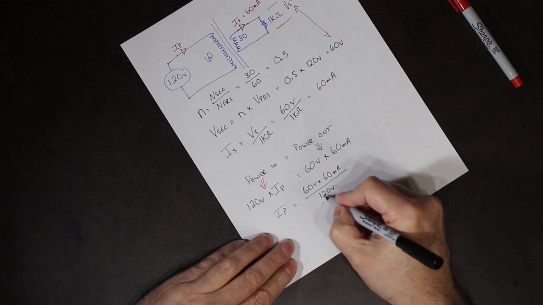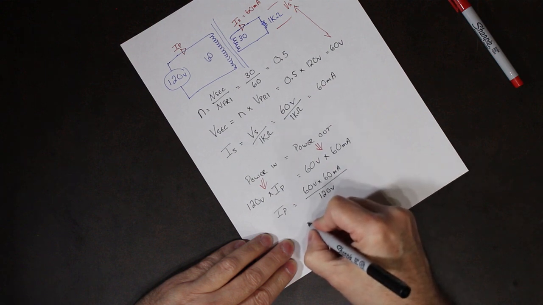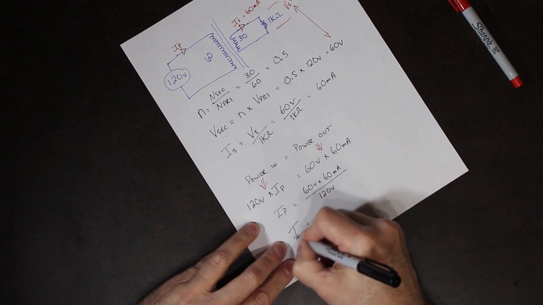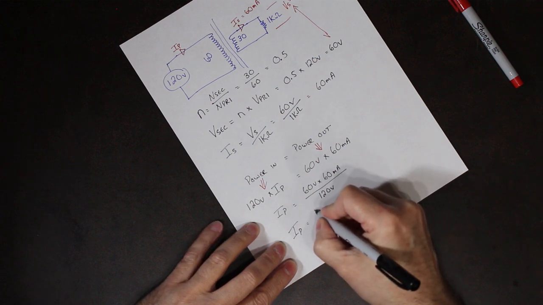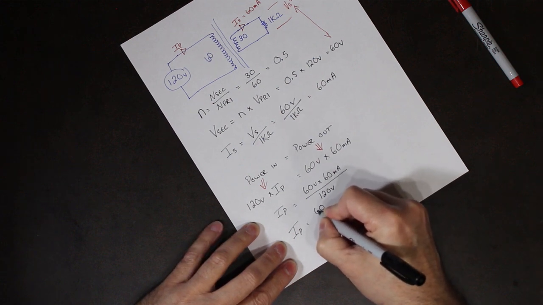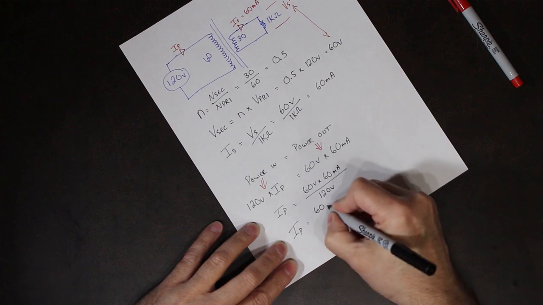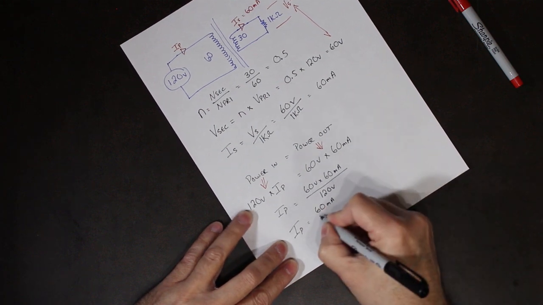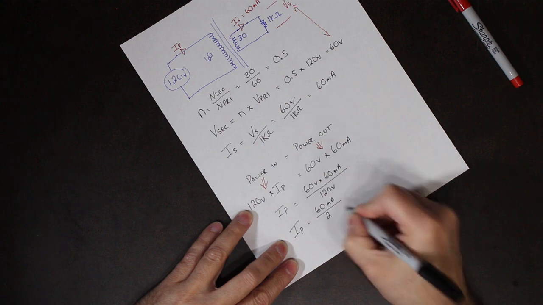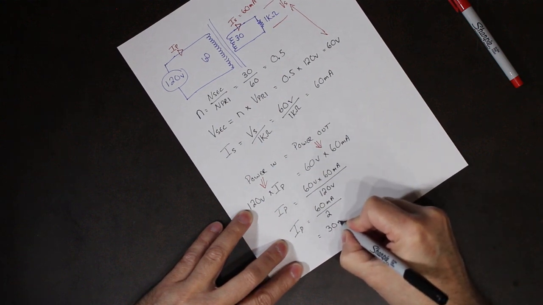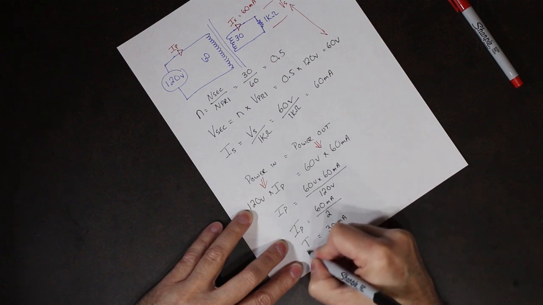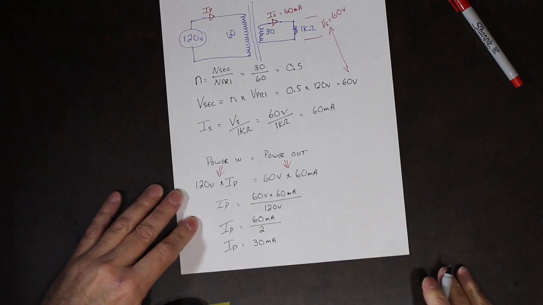What we end up with is IP equal to 60 milliamps divided by 2, which equals 30 milliamps on the primary side.